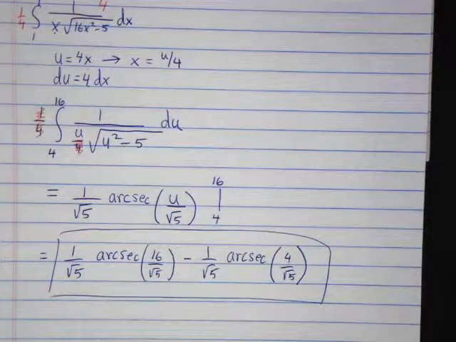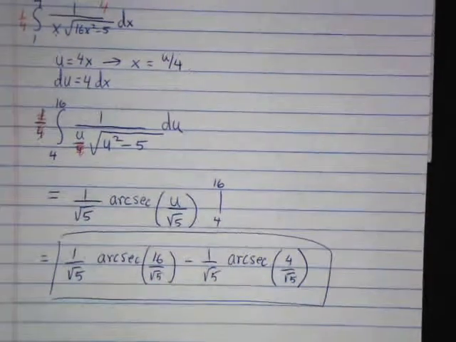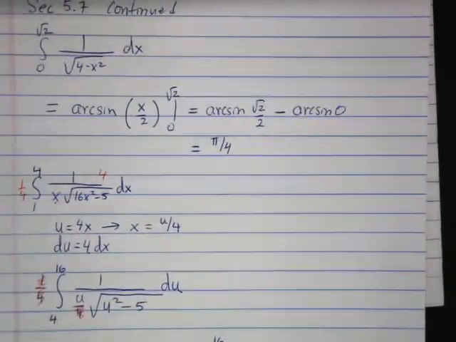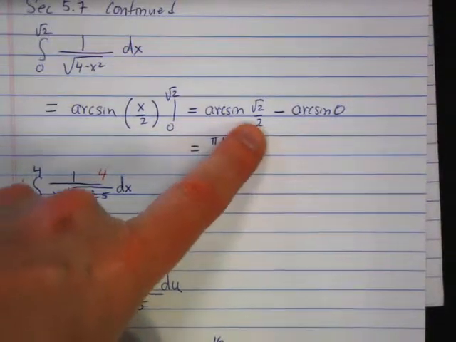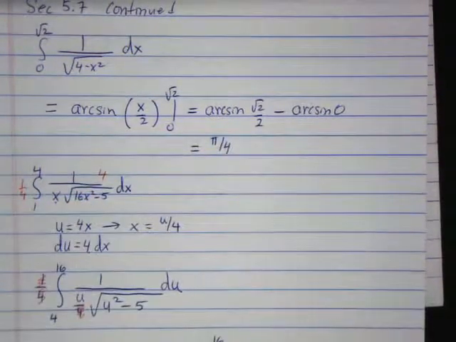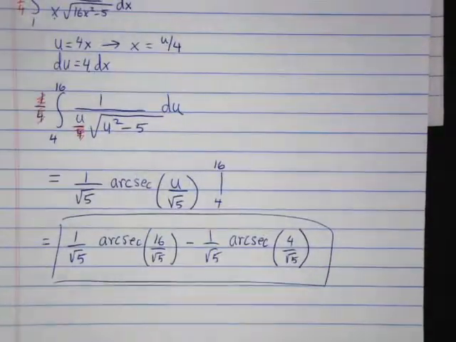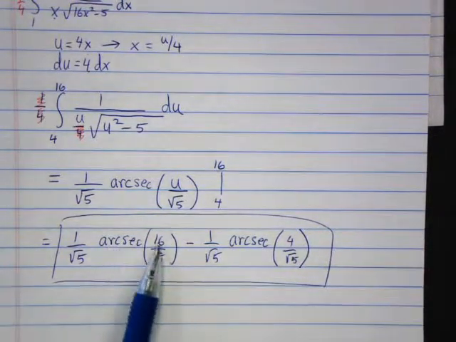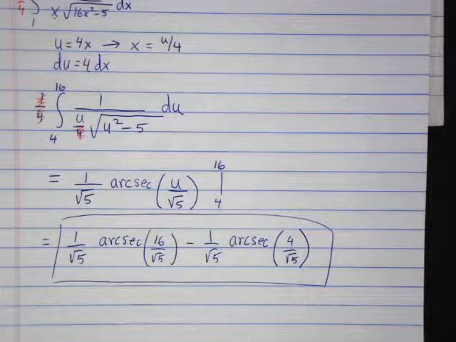So that's going to happen with a lot of these problems. Sometimes you'll get lucky, like the first problem we did, and you'll get arc something of an angle that you know, and it'll work out. Most of the time, you're not. You're going to end up with ugly numbers. I don't know the arc secant of 16 over the square root of 5, so I leave it just like that.